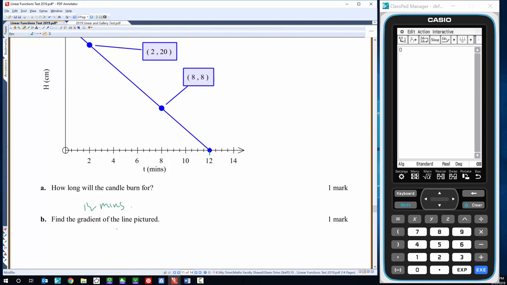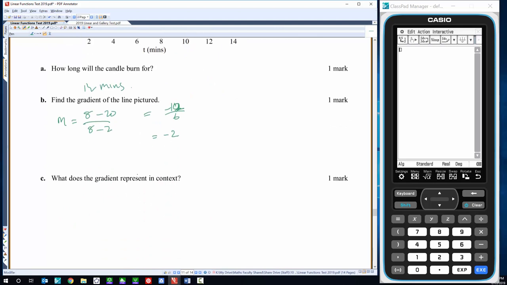Find the gradient of the line pictured will be a simple case of doing M equals Y2 minus Y1 over X2 minus X1. Okay, so we're going to do 8 take away 20 over 8 take away 2. -14 over, no, that's not right. -12 rather, over 6 equals -2.